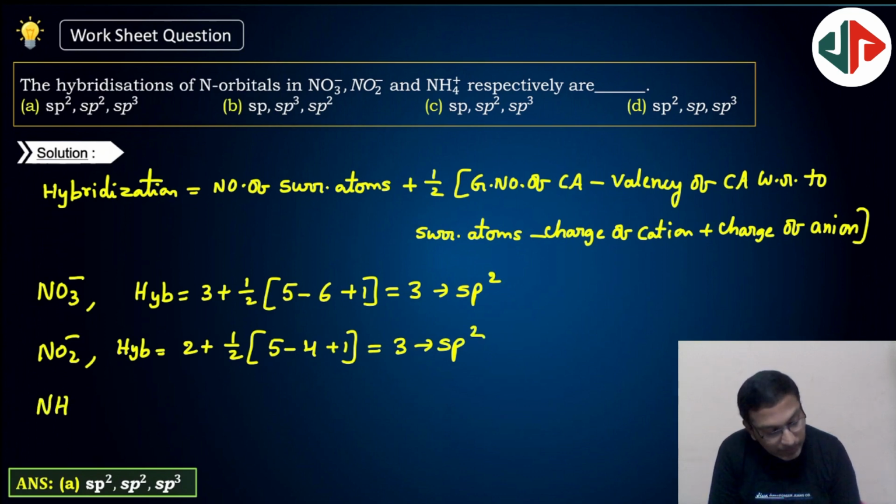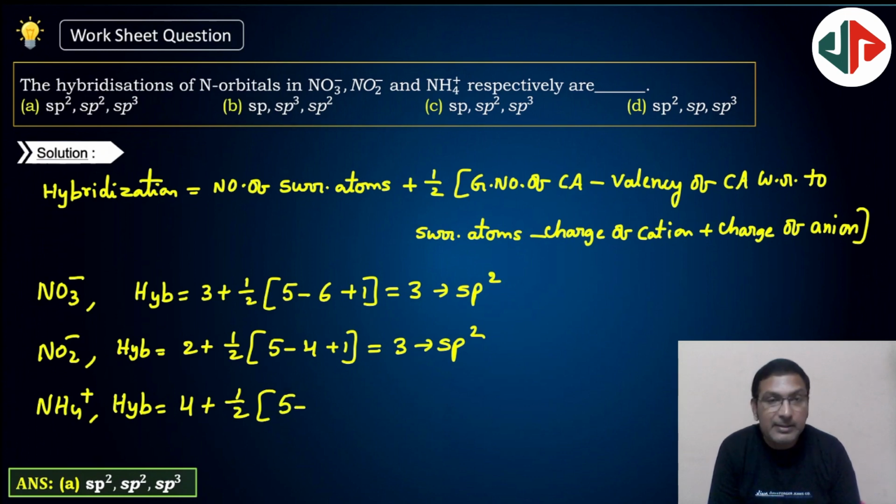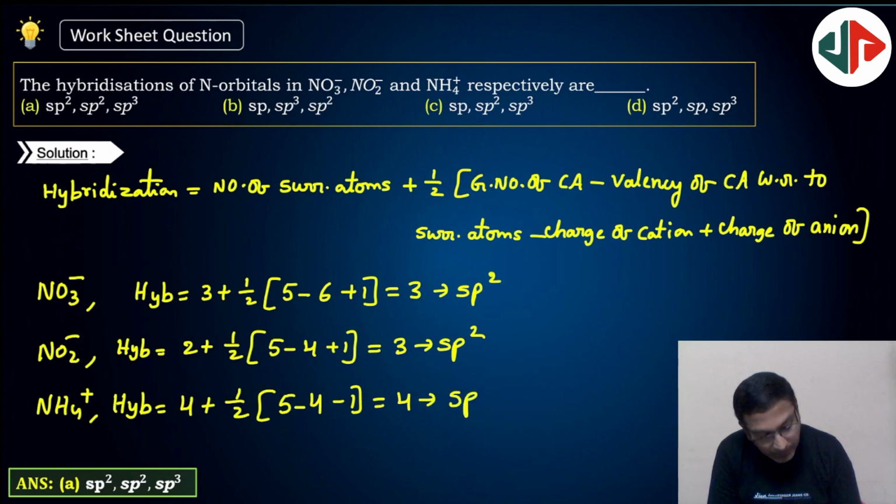For NH4 plus, hybridization equal to surrounding atoms 4 plus half into group number 5 minus valency with respect to hydrogens, means take the same number of hydrogen atoms, that means 4, plus 1 means minus 1. Therefore, that is equal to 4, sp3. sp2, sp2, sp3. Option A.